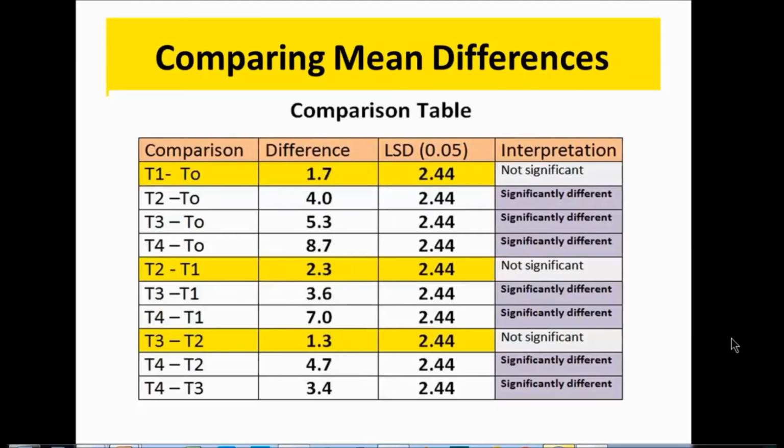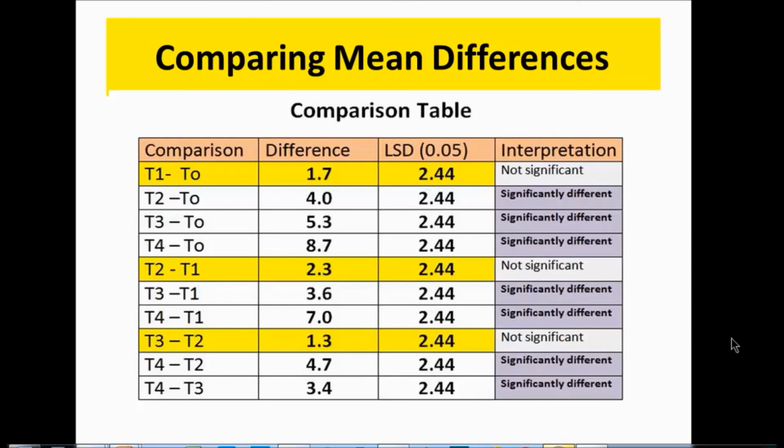Mean comparisons are shown in this table. We compare the difference between two treatments. In this case, we have treatment 1 minus treatment 0, or control. Likewise with other treatments, and we can see the difference in the second column.